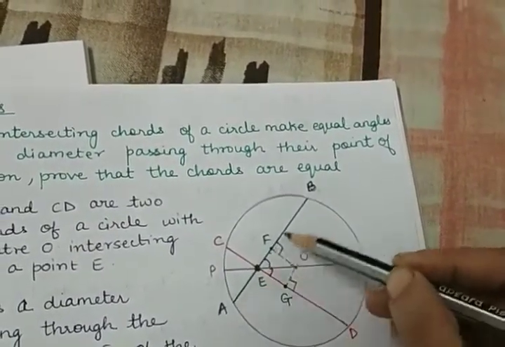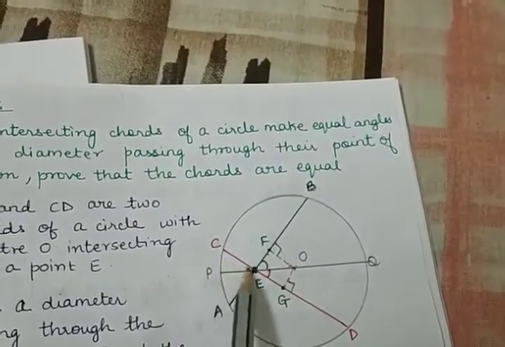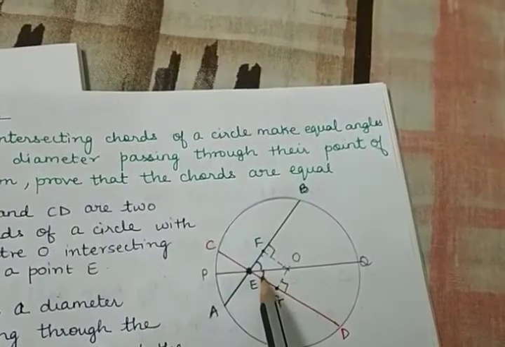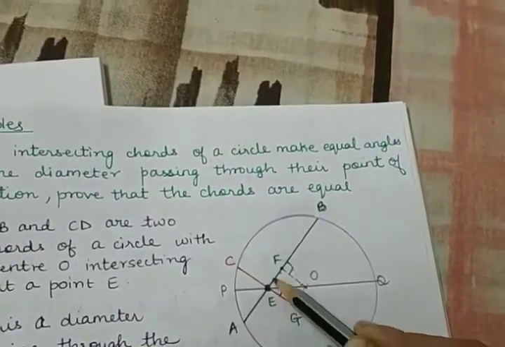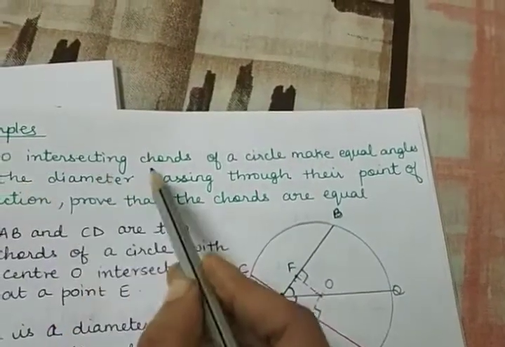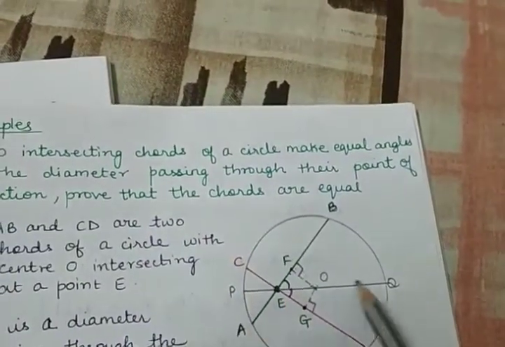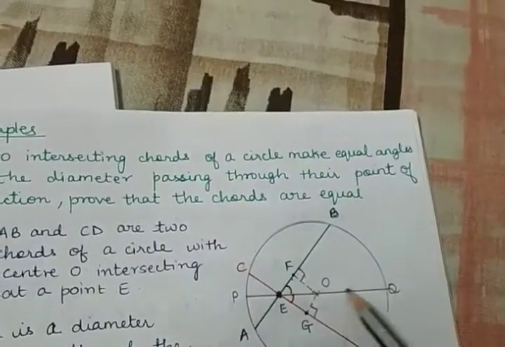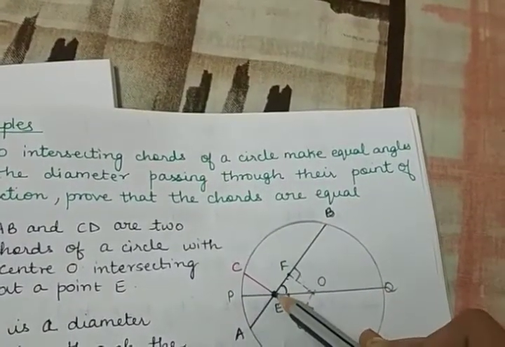So chord AB makes this angle with the diameter and chord CD makes this angle with the diameter PQ. The question says this angle is equal to this angle.